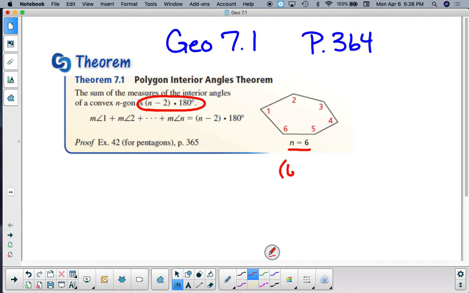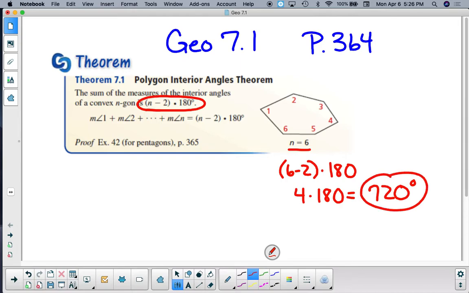So we would do 6 minus 2, which is 4, and multiply it by 180. 4 times 180 is 720 degrees. So the sum of the measures of the angles of a 6-sided figure is 720 degrees.